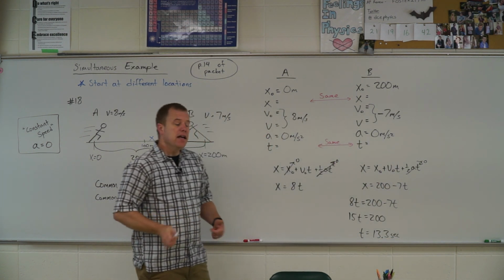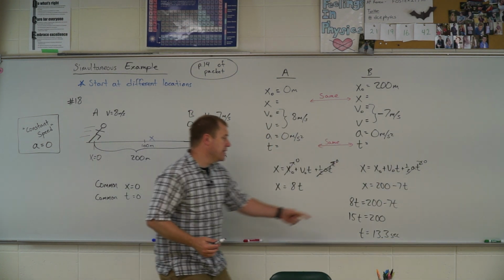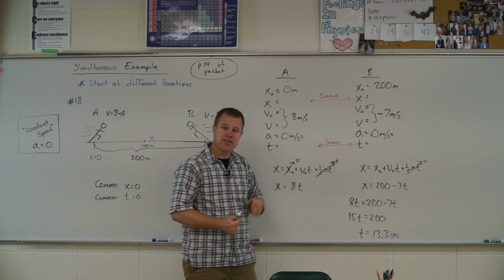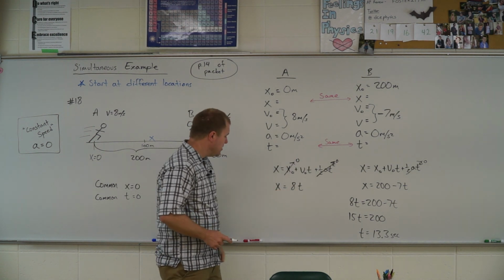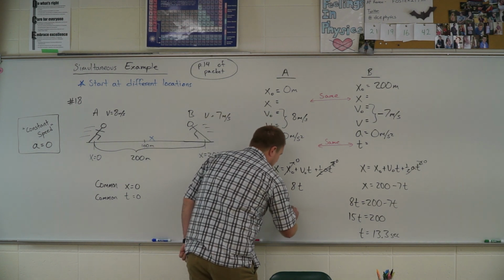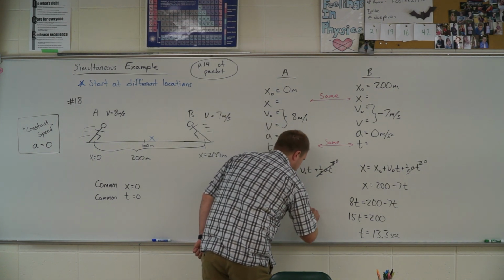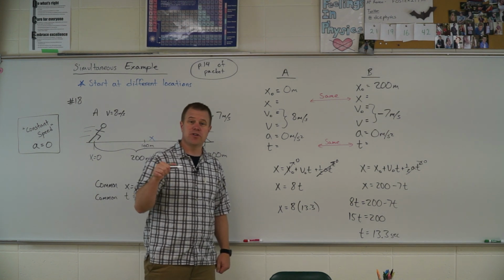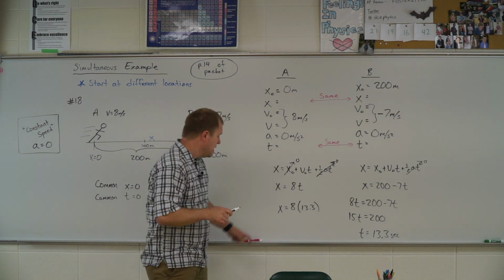Now, I get to choose. I could put it into either of these position functions because, again, these times are the same. This one looks a little easier for me, so I'm going to plug that time in there of 13.3, ideally because I'm using a number I already calculated. I'm going to store that number, okay?